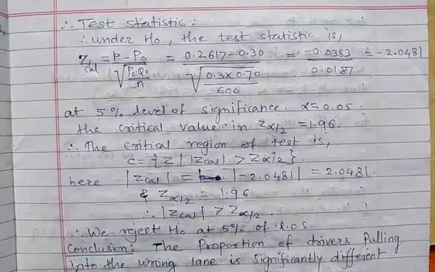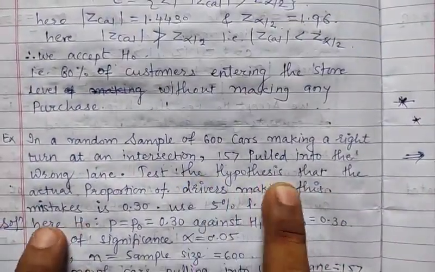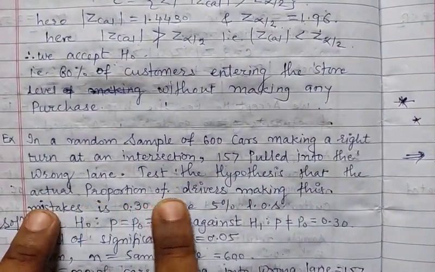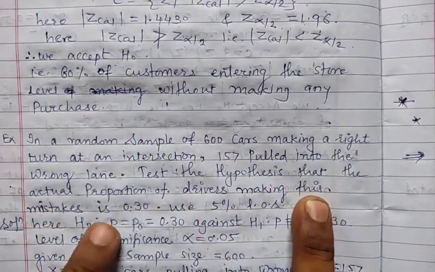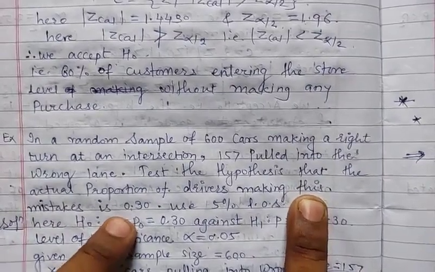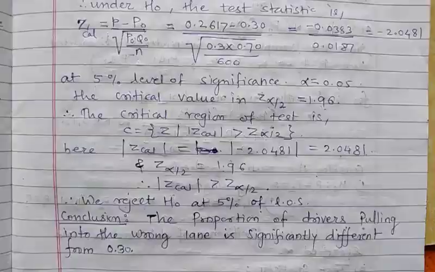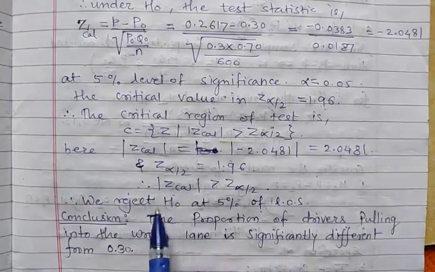Therefore, our conclusion will be, so what they ask in the example. Test the hypothesis that the actual proportion of drivers making these mistakes is 30%. If accepted, then yes. If rejected, then no. So our result is that H0 is rejected.